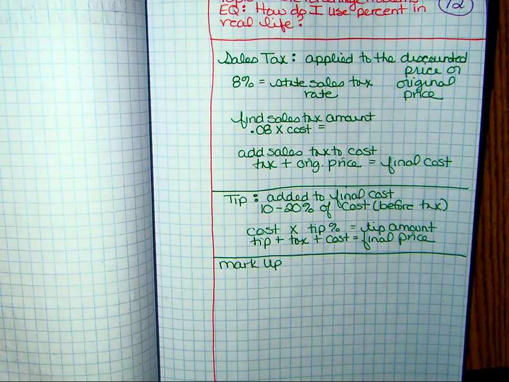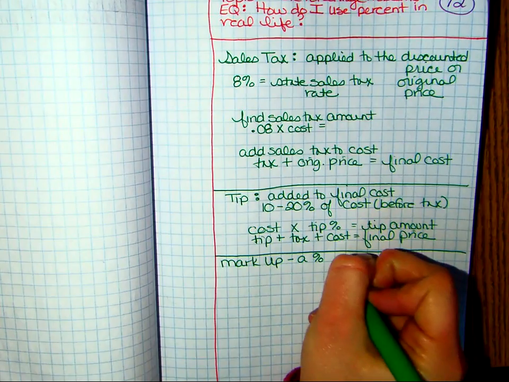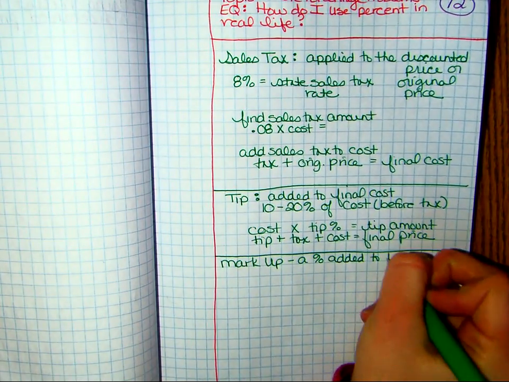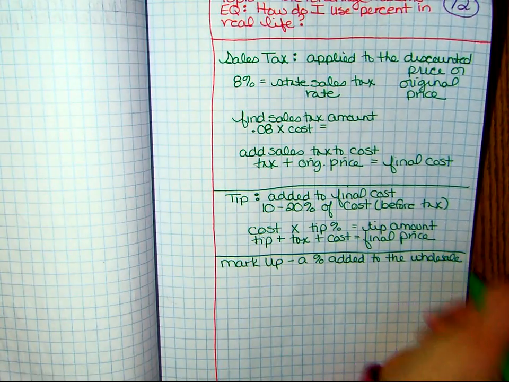And they do that because they're providing a service to you by selling you something, and so you don't have to go to the factory to get it. Okay? So that's how grocery stores make their money. So they charge you a percent added to the wholesale amount. That's the factory price.